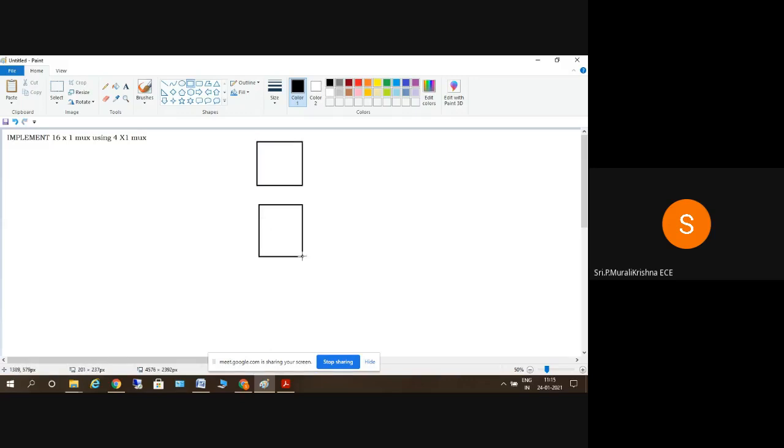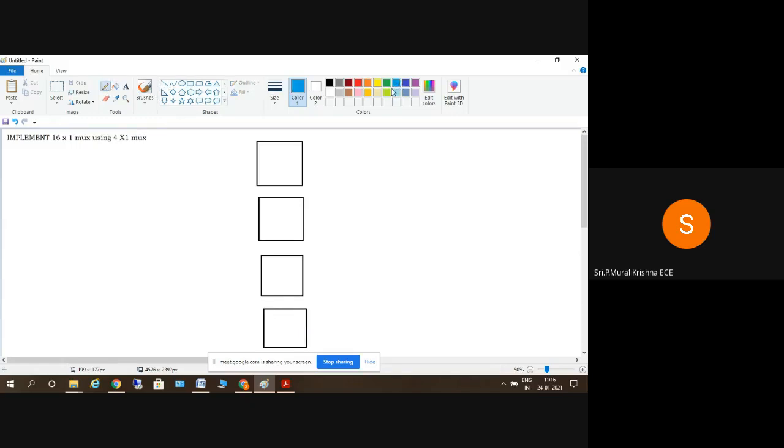The first one, second one, third one, second, third, and fourth. Okay, so we need 4:1 multiplexers. 4:1 multiplexers will have two selection lines, right?